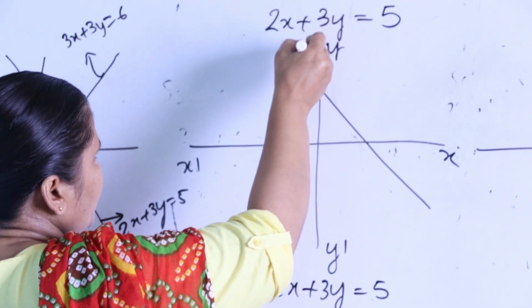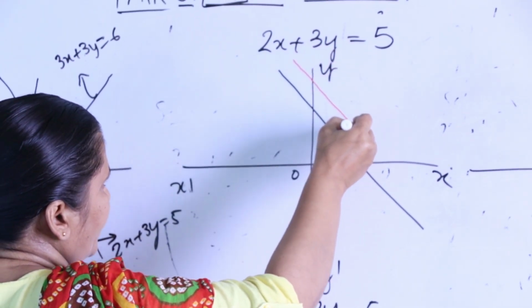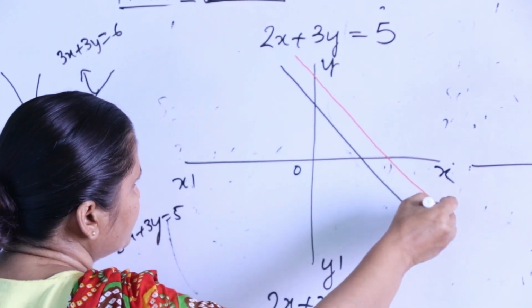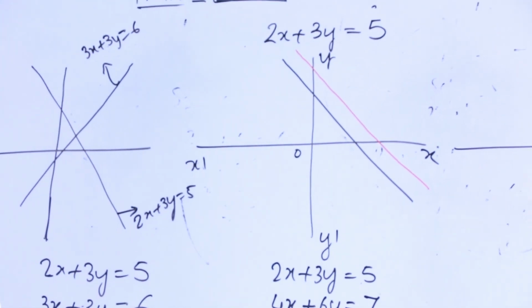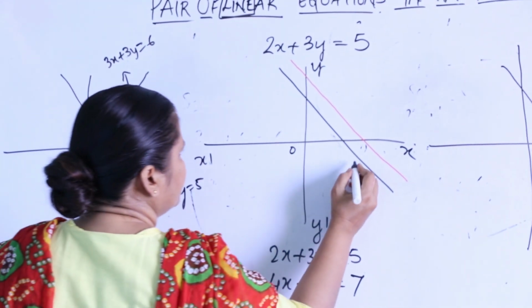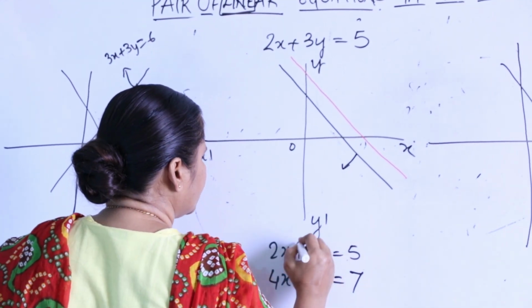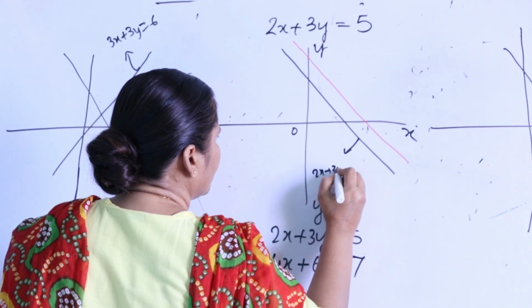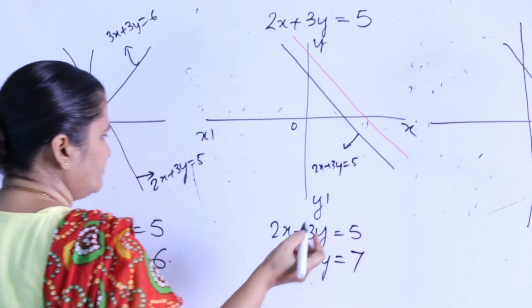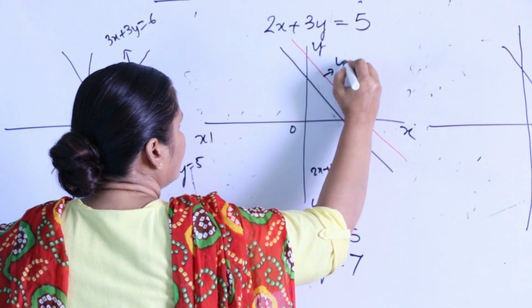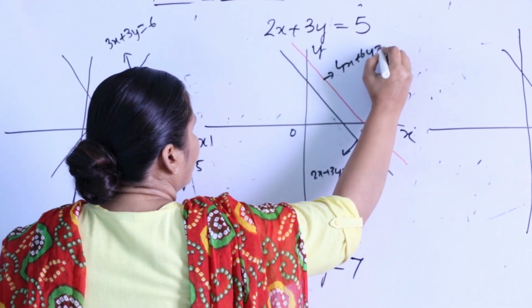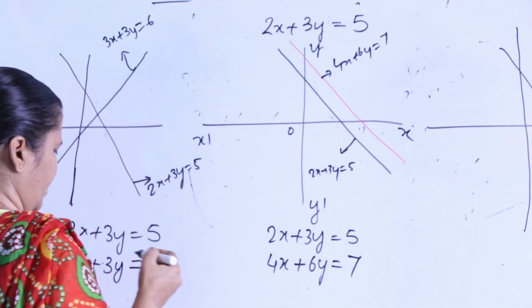The other possibility could be that the second equation runs parallel to the already existing line. So this is our first equation, 2x plus 3y is equal to 5, and this is our second equation, 4x plus 6y is equal to 7.